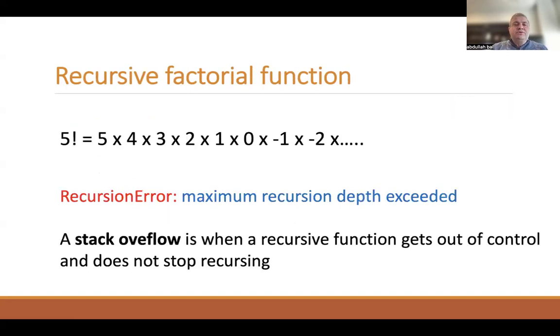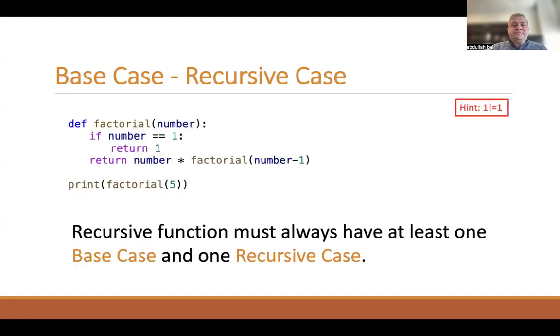Because it will call factorial 4, then 3, 2, 1, 0, then negative 1, negative 2, through negative infinity. So it must have a base case and recursive case. This is very important.